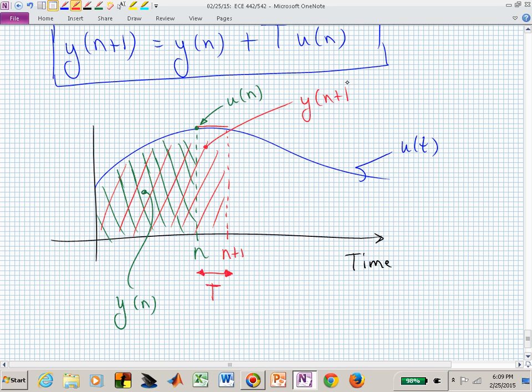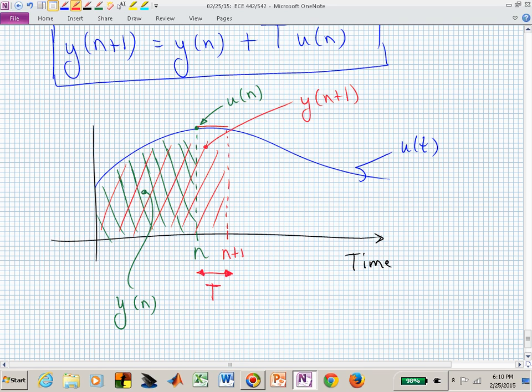I hope it's clear that y of n plus 1 is the combination of the two pieces. y of n plus 1 is the red hash, and y of n is the green, so y of n plus 1 is what I had in green before, plus a little sliver.